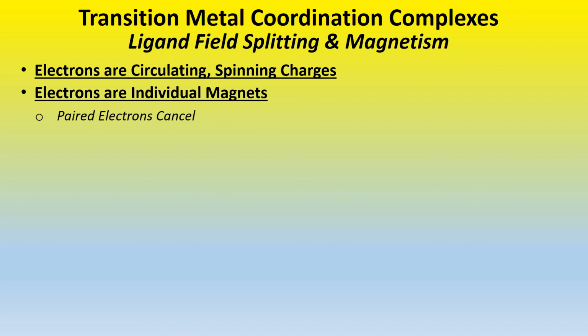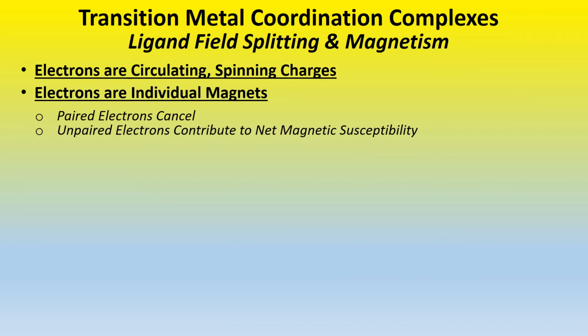However, unpaired electrons contribute to the net magnetic susceptibility of a material or its ability to be attracted to a magnetic field. Which leads to the following definitions.